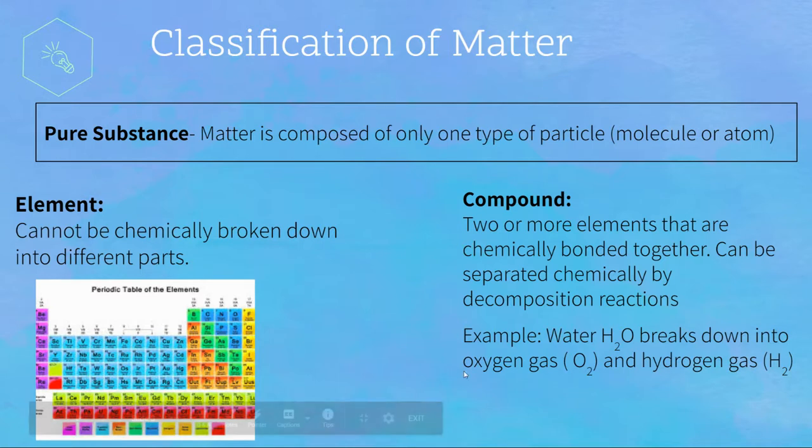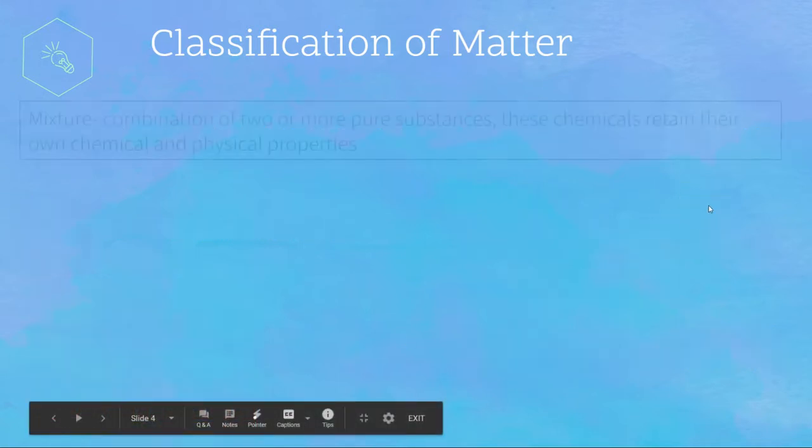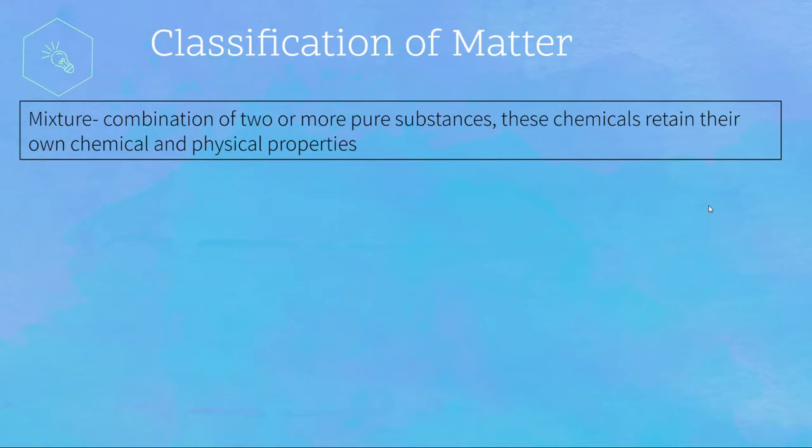So let's move on to the next one in your notes, which is known as mixtures. Mixtures are a combination of two or more pure substances. Think of it as taking water and salt. Water is a pure substance, H2O. Salt is a pure substance, NaCl, and we're mixing them together. That's a mixture, okay?